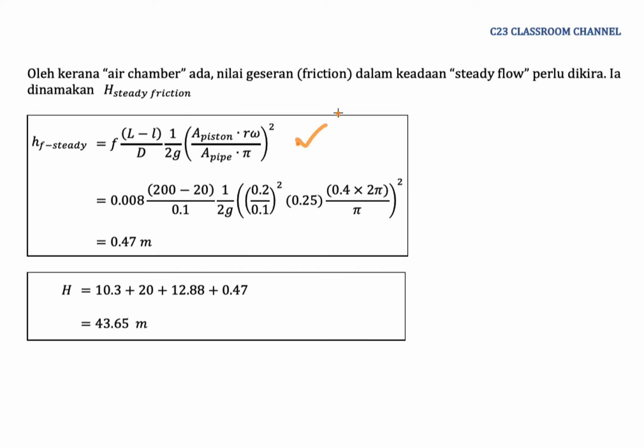The value of friction is almost the same all the time. That's why we need to calculate the steady flow friction here using this equation, and we get 0.47 meters. Then we get that the pressure head at the starting point to push the water up to the upper level is equal to 43.65 meters.